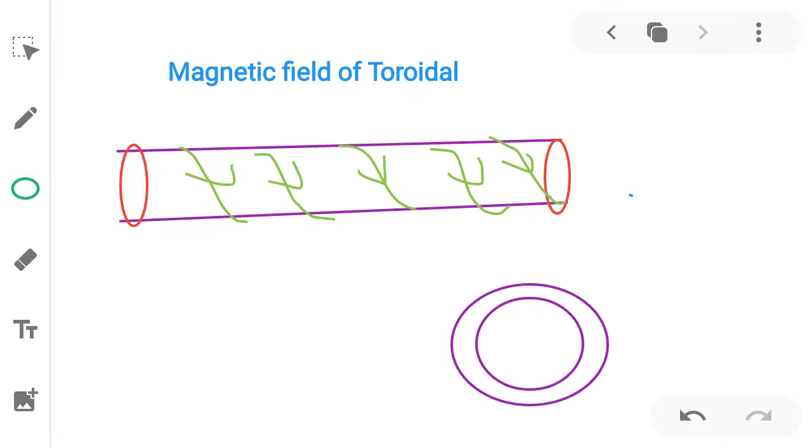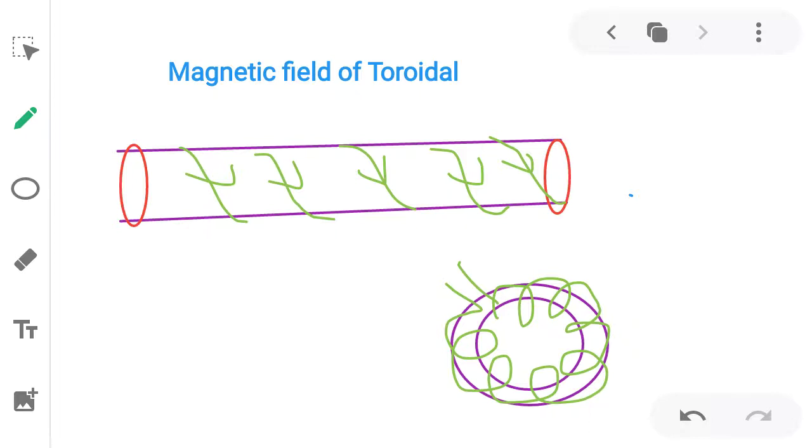Okay, so this is now a toroidal. That's how a toroidal looks.